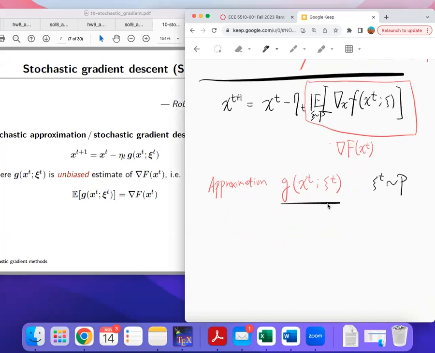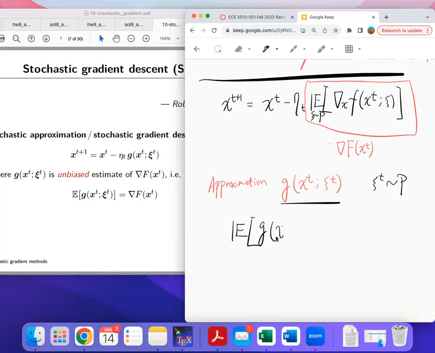So we want to build a certain stochastic estimator, g(x_t, ξ_t), where ξ_t is based on specific samples that we can collect. Of course, there's randomness from ξ_t, because ξ_t is collected from the underlying distribution. So what we would like is for this estimator to be unbiased.